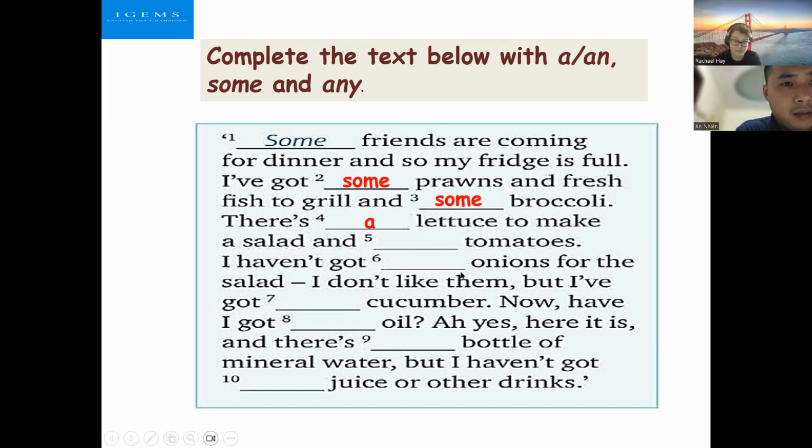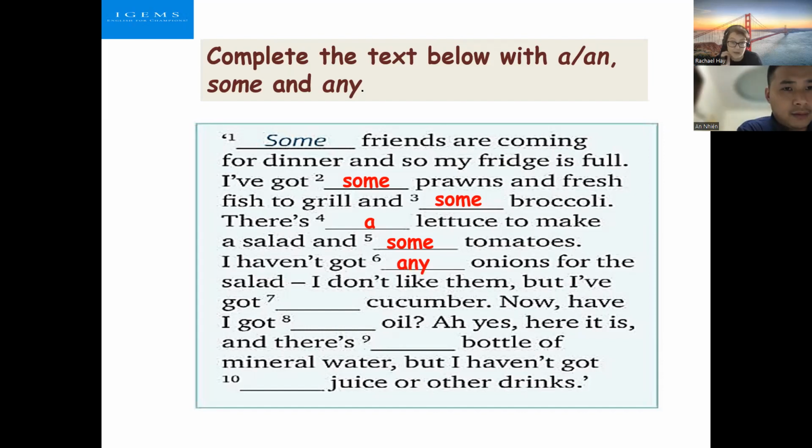Tomatoes, okay, it's got an S. So it won't be A because A is for one. Some tomatoes, good. I haven't got onions for the salad. I haven't got any onion.